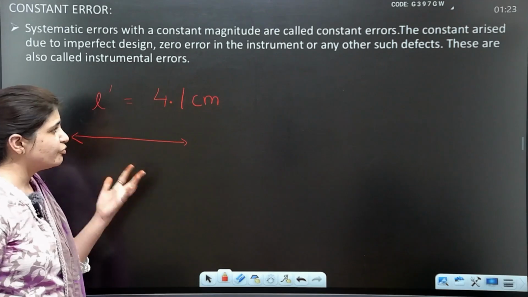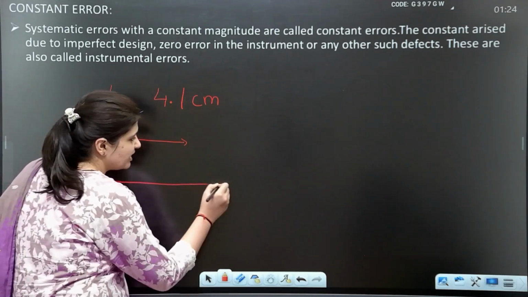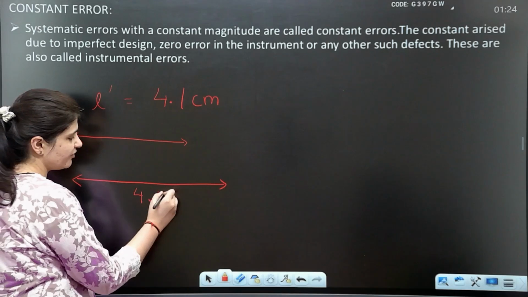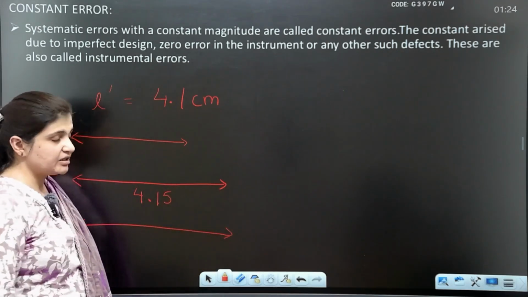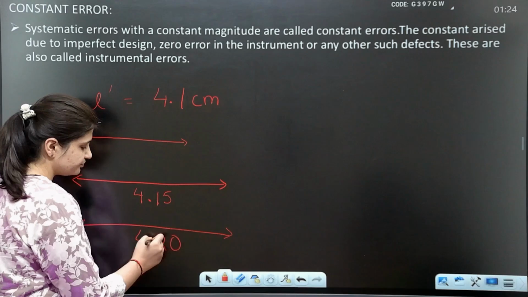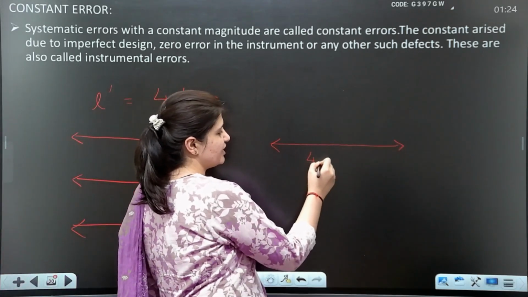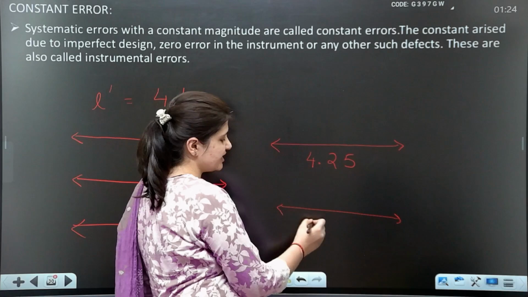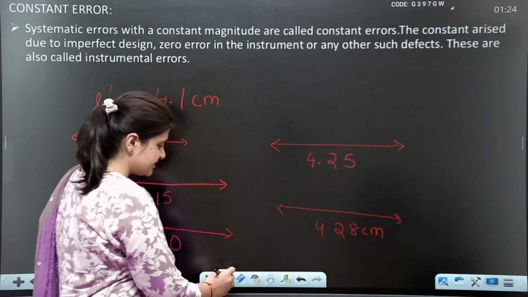But now what happened when we are measuring it? The measured values are coming out to be, let's consider, 4.15. Another sample has been taken and the value comes out to be 4.20. Then another sample gives 4.25. Another sample gives 4.28 centimeter.